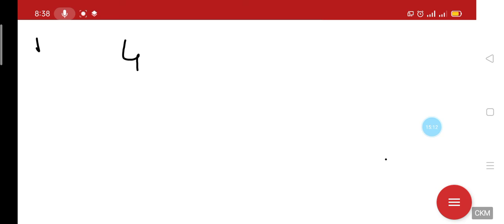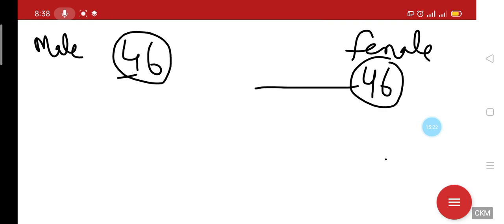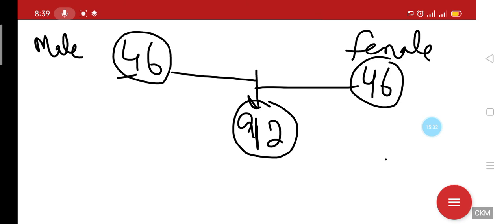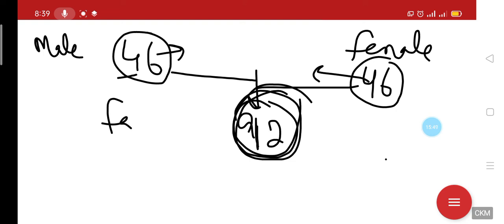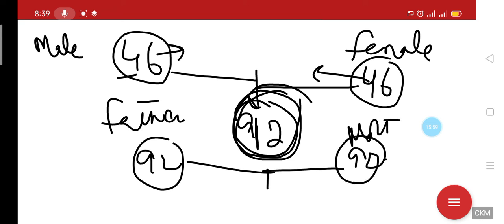Basically students, suppose a father gives a cell with 46 chromosomes, and a female also gives a cell with 46 chromosomes, and they unite. That would produce a baby with 92 chromosomes, and obviously that baby would not be human, he would be something like an alien. Suppose this baby someday becomes a father and produces 92 chromosomes, and a mother also produces 92 chromosomes.